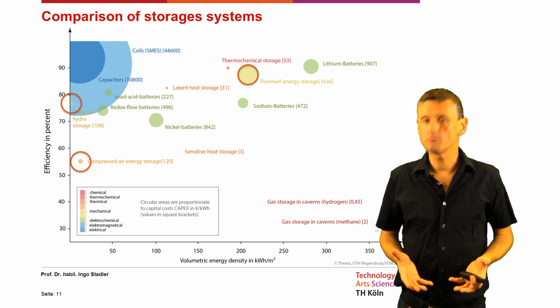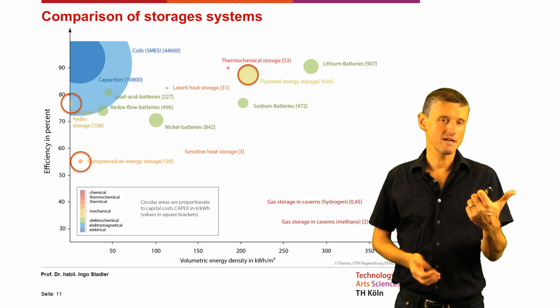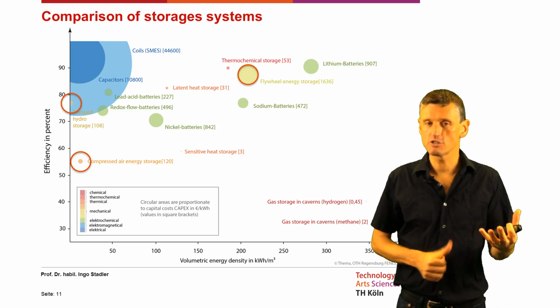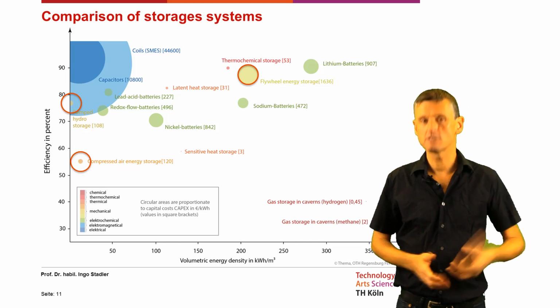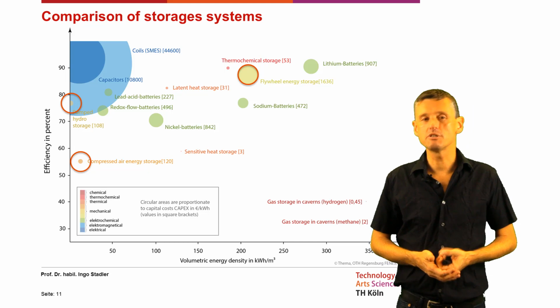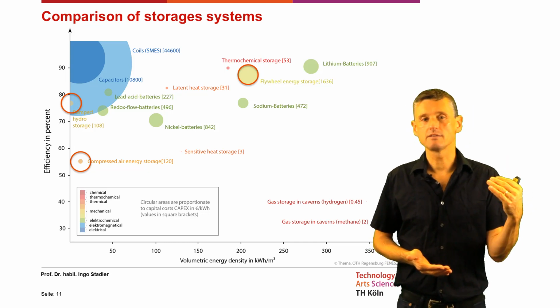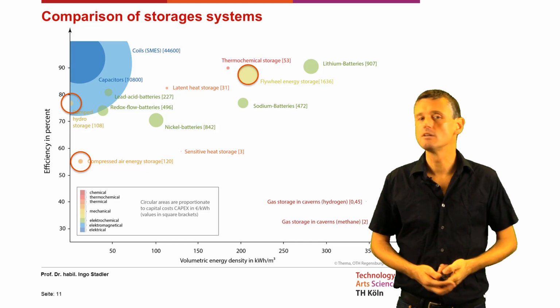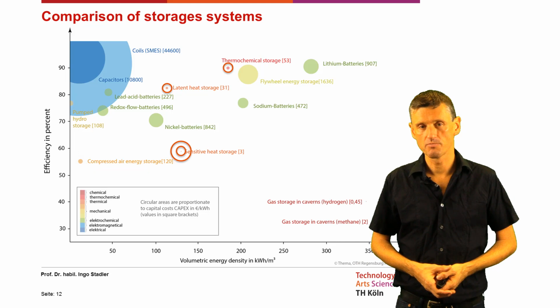When we look at the mechanical stores, we see on the complete left side, also with high efficiency, and what is very good, also quite low costs, is the traditional pumped hydro storage system. Compressed air energy storage has a quite low efficiency, and the flywheel storage has again very high costs.